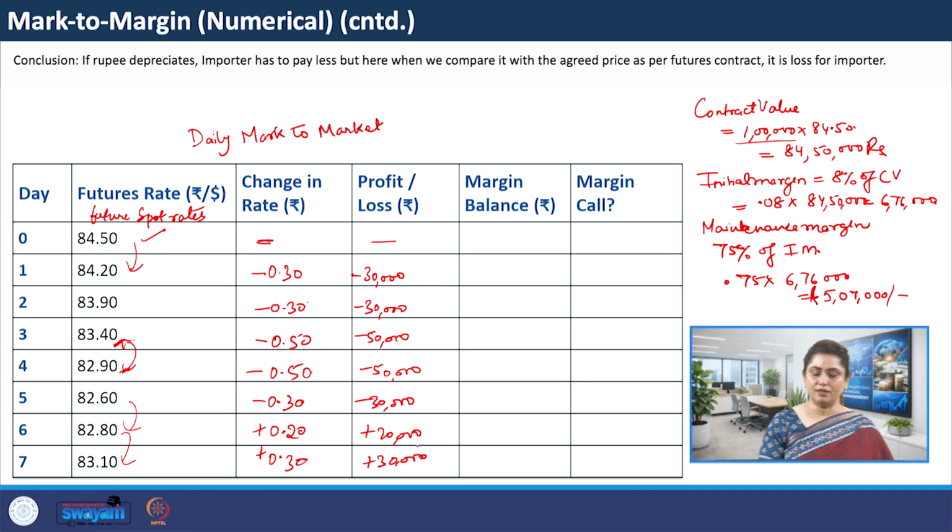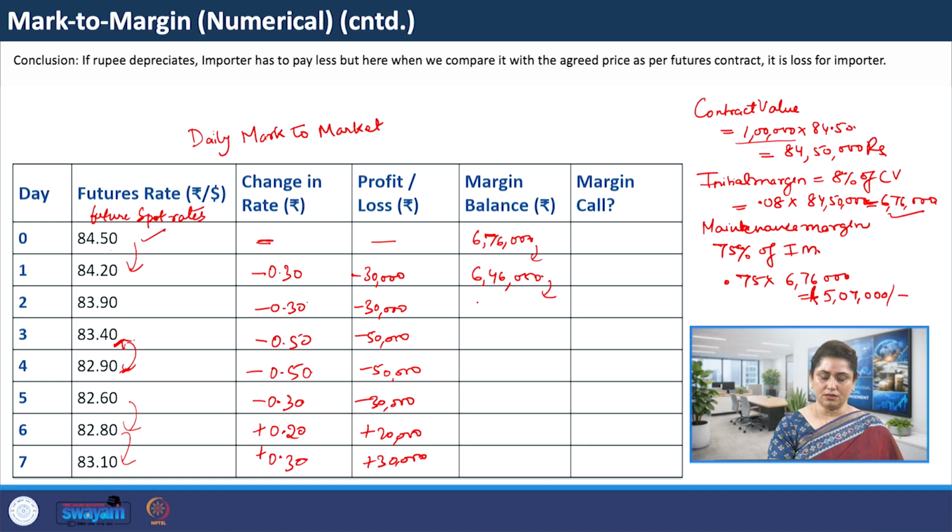Now we are going to understand what is going to be the margin money. At the 0th period, the trader is going to deposit 6,76,000, which is the initial margin given to us here, and then we will keep on adjusting the profit and loss with this particular margin. Since there is a loss, we will reduce it by 30,000, and hence the new figure comes out to be 4,46,000.